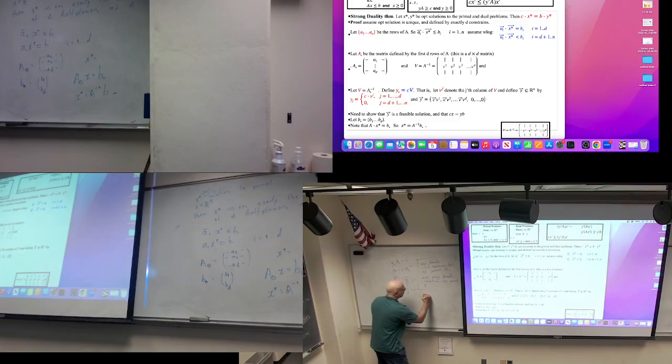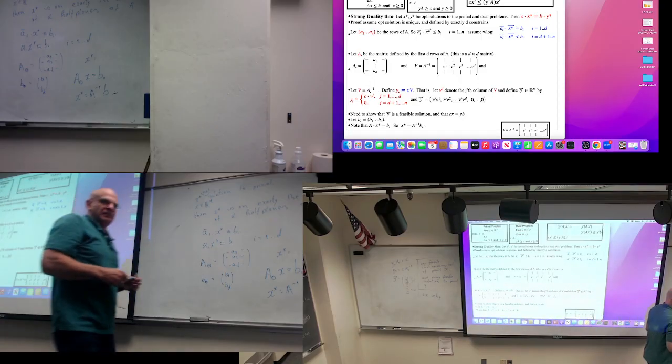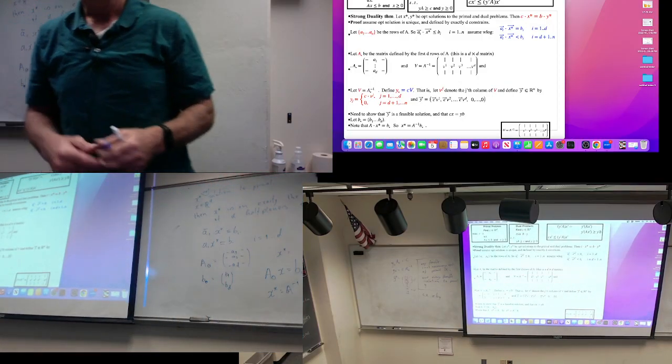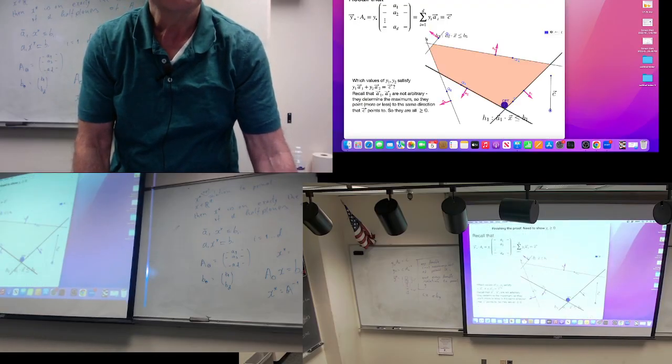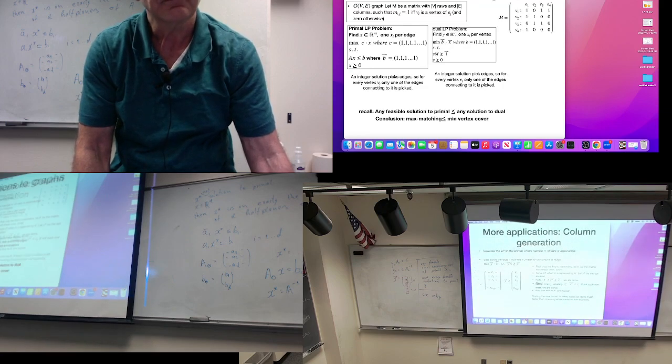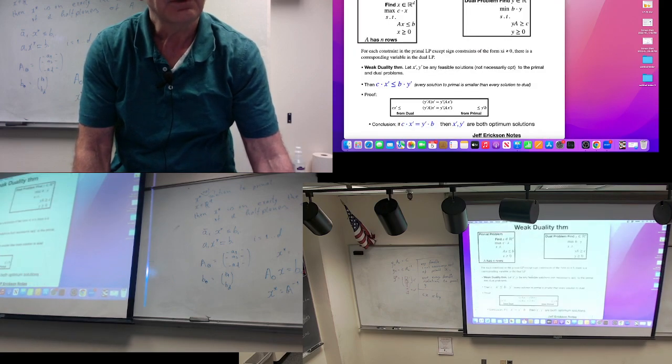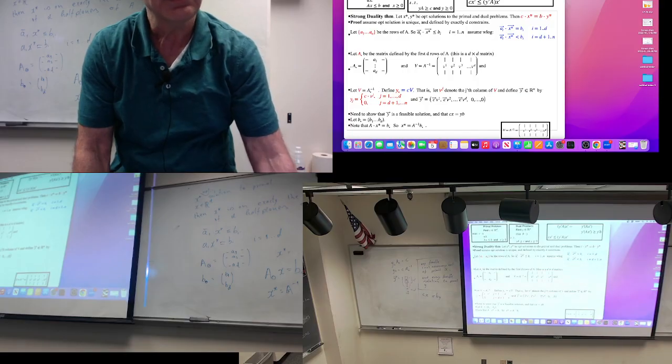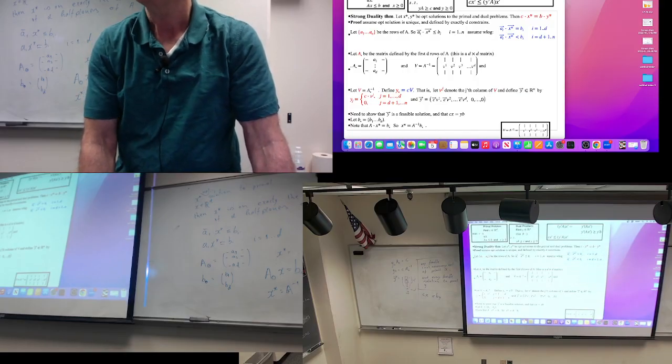But the cost function from the primal, which is CX, would be smaller or equal to the cost function of the dual, which is BY. That was the weak duality theorem.